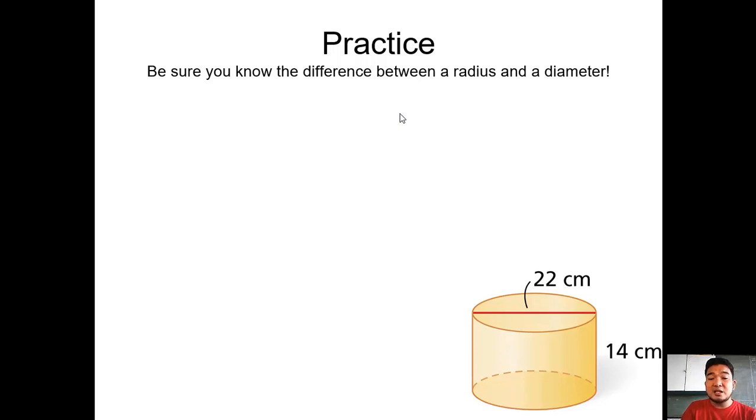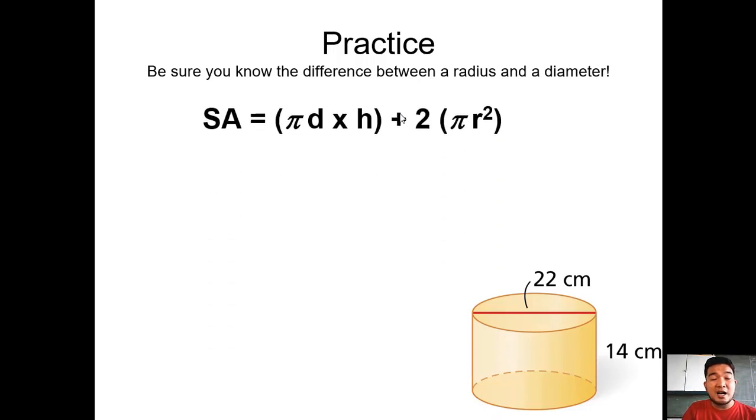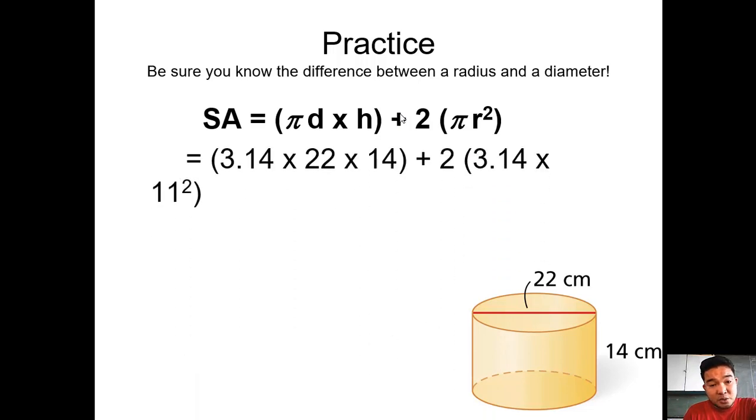So given the cylinder with a diameter of 22 centimeters and a height of 14 centimeters, we solve for the surface area using our formula. The formula is the quantity of pi d times height plus 2 times pi r squared. By substitution, we will have 3.14 times 22 times 14 plus 2 times 3.14 times 11 squared.